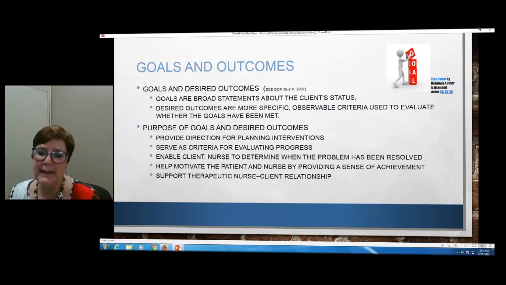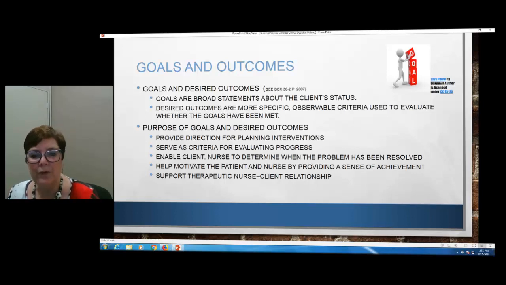It'll help us determine if a problem has been resolved. And it may help the patient be motivated, and it may help the nurse motivate the patient by pointing out, oh, 2 days ago you could only walk 10 feet. Now, today, look, you walk 30 feet. And that provides the patient a sense of accomplishment, and the nurse as well, actually.